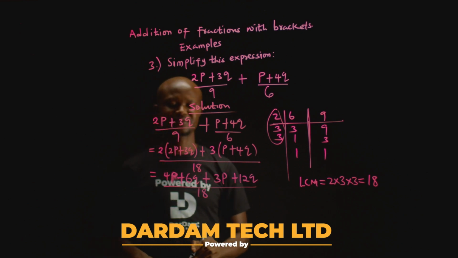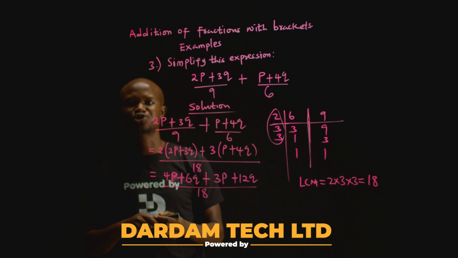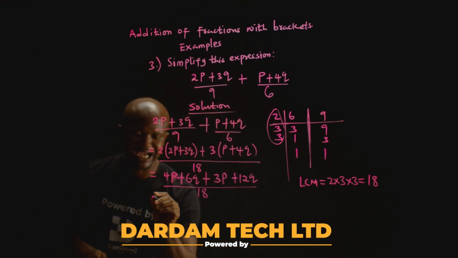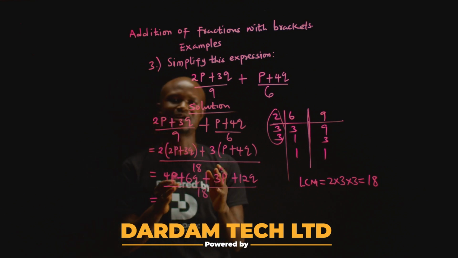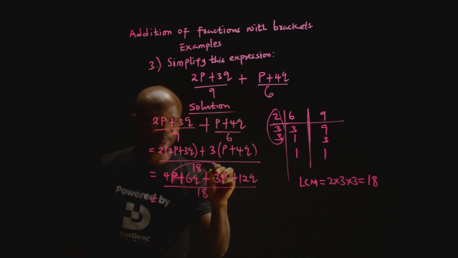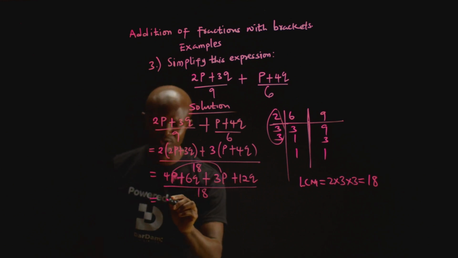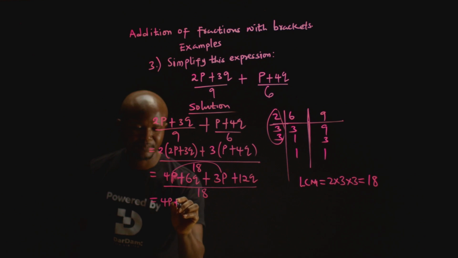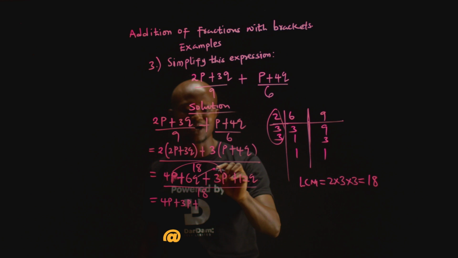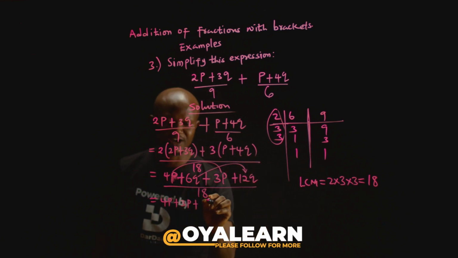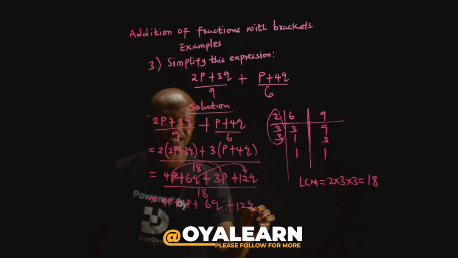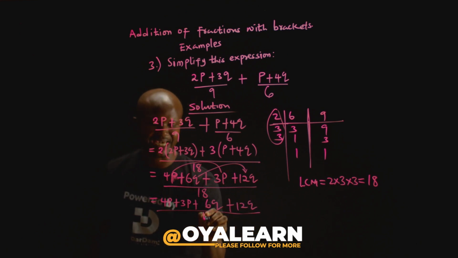Now the next thing for us to do is to collect the like terms at the numerator. Like terms are the terms that look alike. So we are going to bring 4p and 3p together, that's 4p plus 3p, then 6q and 12q together, so plus 6q plus 12q, everything divided by 18.